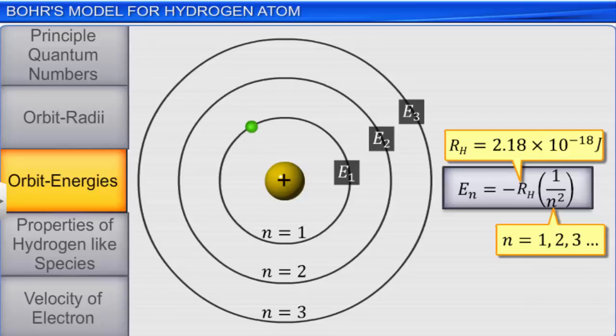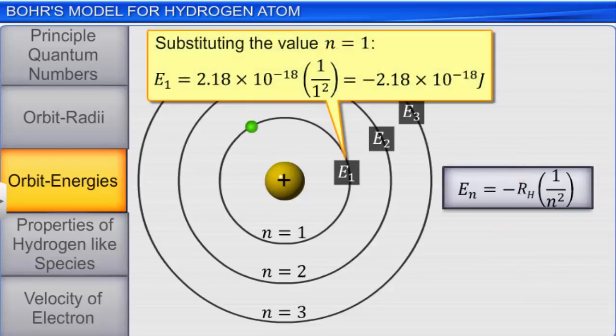Energy of the nth orbit of a hydrogen atom in electron volts is equal to minus 13.6 divided by n square. Thus, the energy of the ground state, n is equal to 1, for hydrogen atom is equal to minus 2.18 multiplied by 10 raised to the power minus 18 joules.